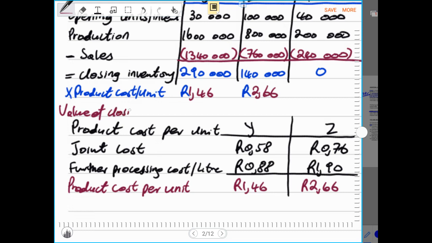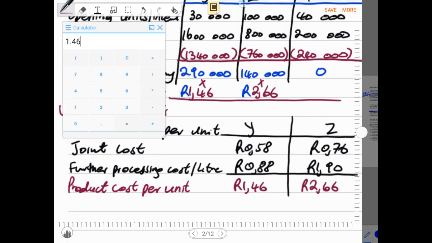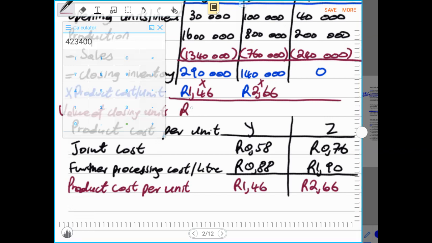The value of the closing units will be times by that. Then it will be 1.46 cents times by 290,000 units, and this will give us 423,400.